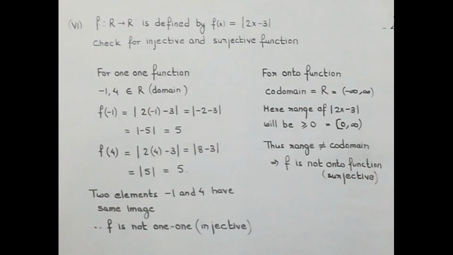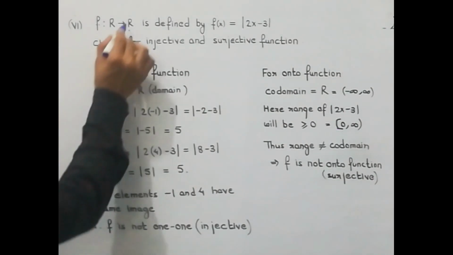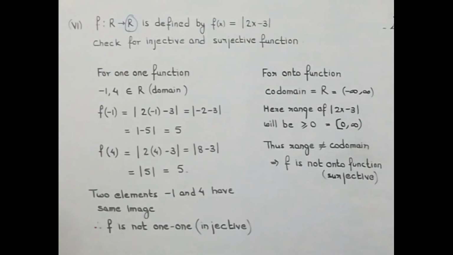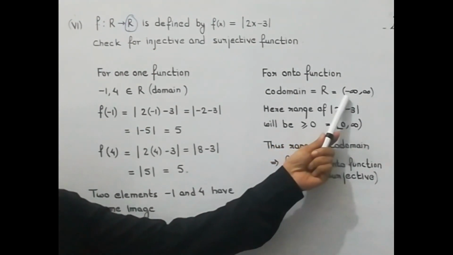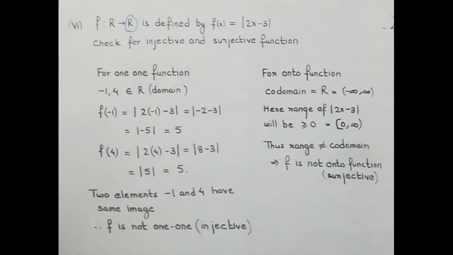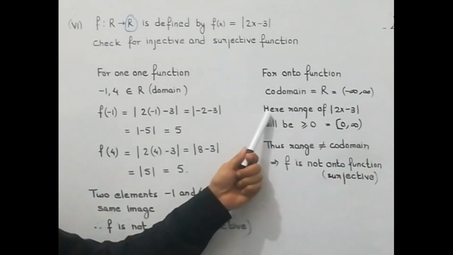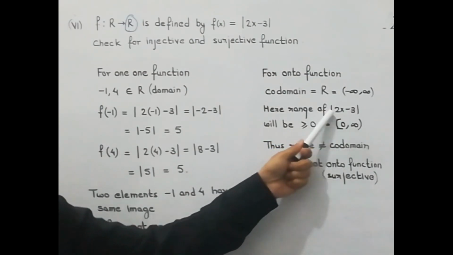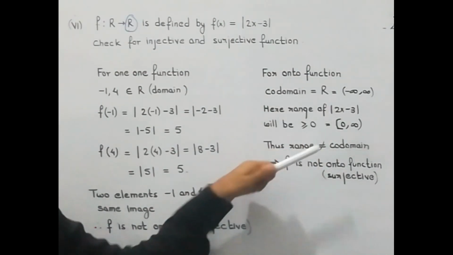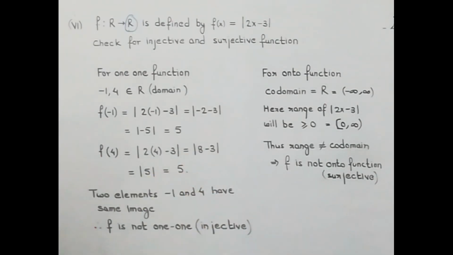So here we have seen that this function is neither 1 1 nor it is onto. Hope this point is clear to you, that codomain is the set of all the real numbers, that means from minus infinity to plus infinity. Whereas range of a mod function will either be equal to 0 or it will become positive.